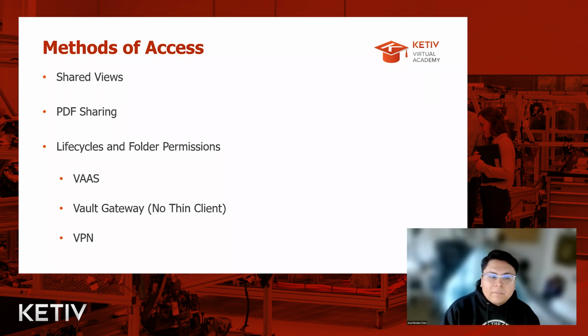And then Vault as a service, which KETIV offers, Vault Gateway and VPN, which allow you a much wider way of limiting and applying your permissions to these files and folders, limiting what you want to these outside vendors and partners.